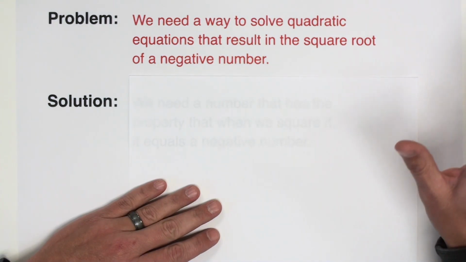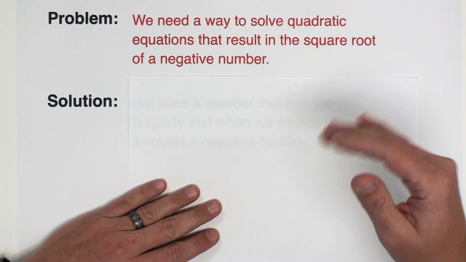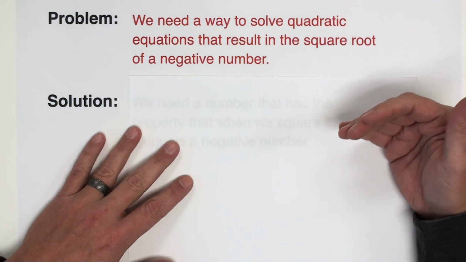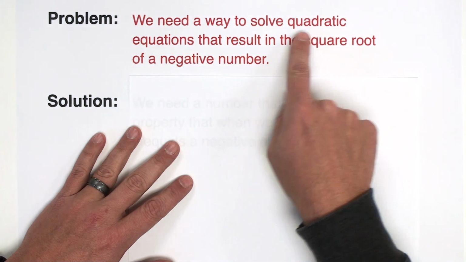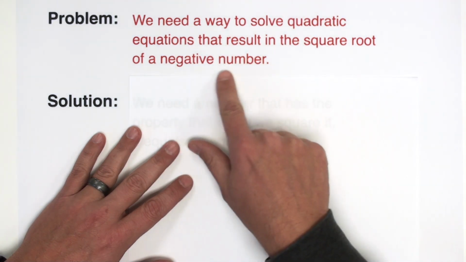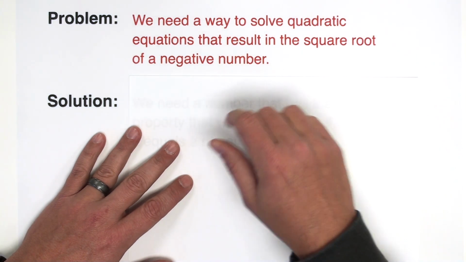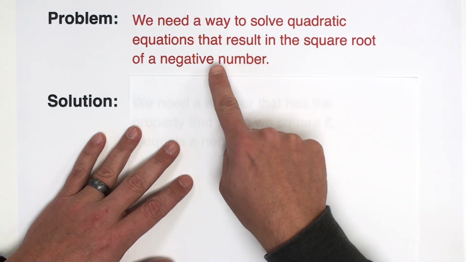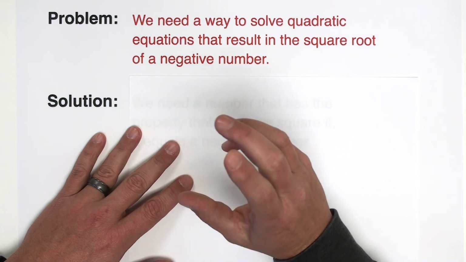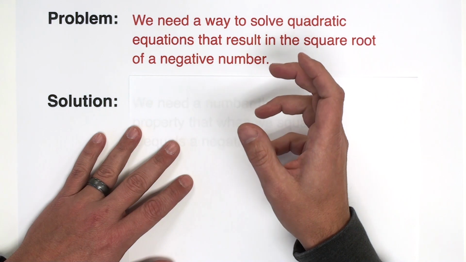All right, so what exactly is the problem? Let's formalize the problem that we're trying to be able to solve. Our problem is that we need a way to solve quadratic equations that result in a square root of a negative number. That's what just happened in the last example problem: we had a square root of a negative number, and we said that that problem had no solution, which is partly true.